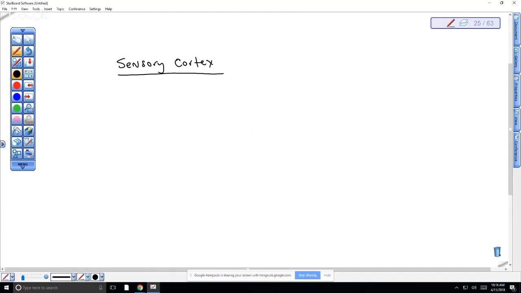Okay. So we have a part of the brain that is called the somatosensory cortex. And it is the post-central gyrus. So it is behind the central sulcus. It's in the back. And the somatosensory, somato means body.